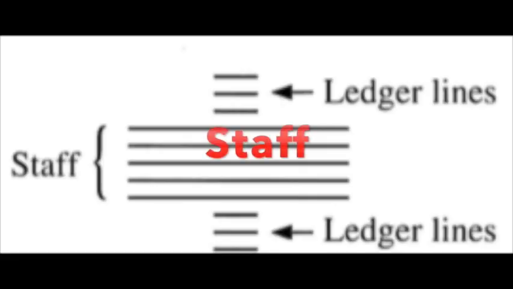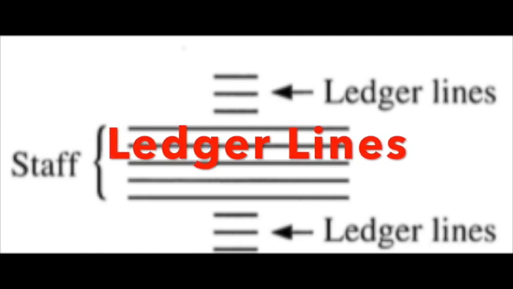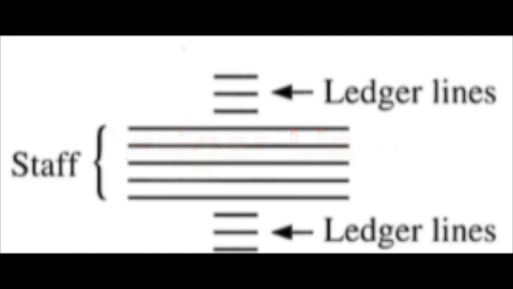The staff is used in music to indicate the precise pitch desired. A staff consists of 5 lines and 4 spaces, but it may be extended indefinitely through the use of ledger lines. Here we see 3 ledger lines above and 3 ledger lines below the staff of 5 lines.